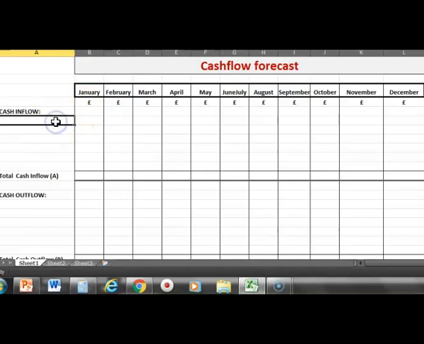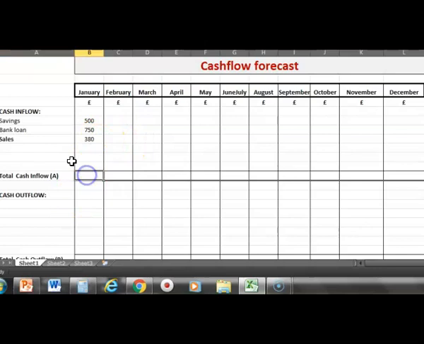So they had savings in January, I'm just going to repeat myself, of £500, and they had a bank loan for 750, and they had sales coming in for 380.